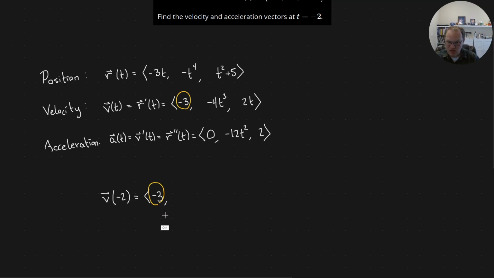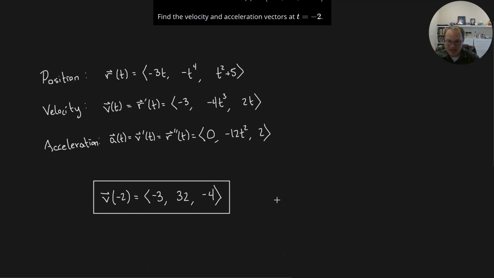First component is negative 3. Second component, negative 2 cubed is negative 8, times negative 4 is 32. And plug the negative 2 into the last component, 2 times negative 2 is negative 4. This is our velocity at t equals negative 2.